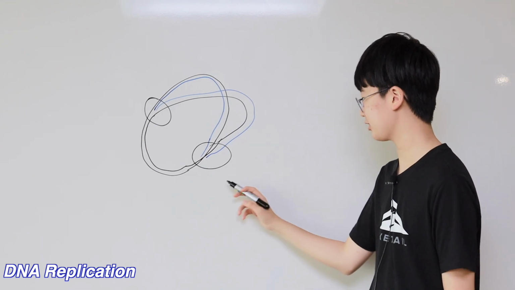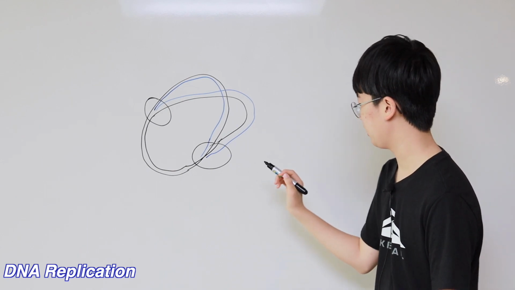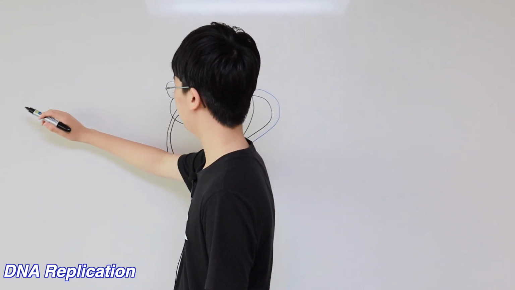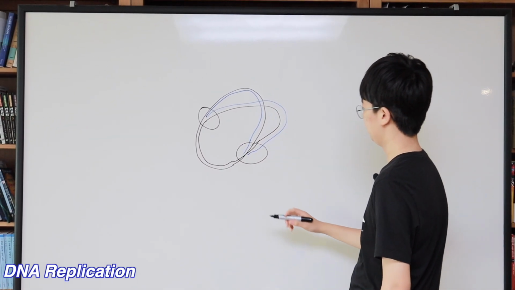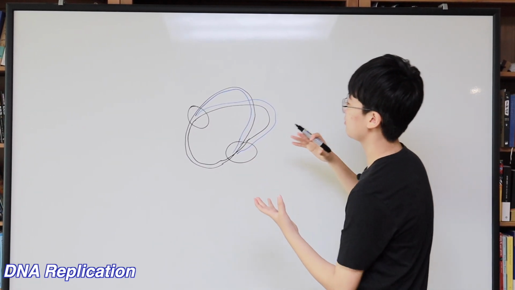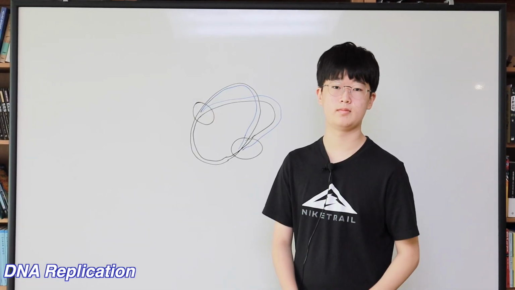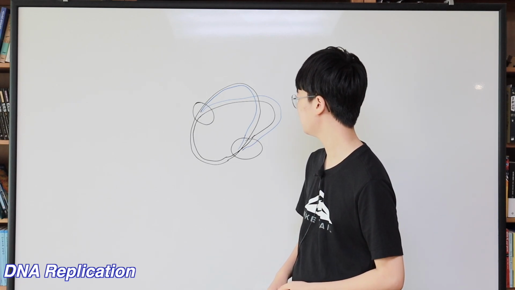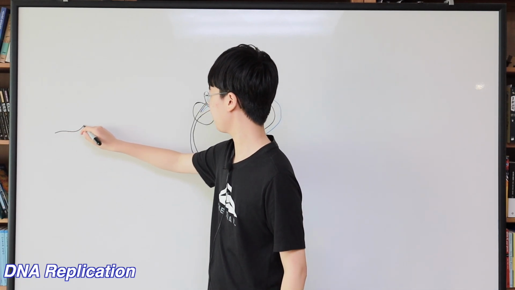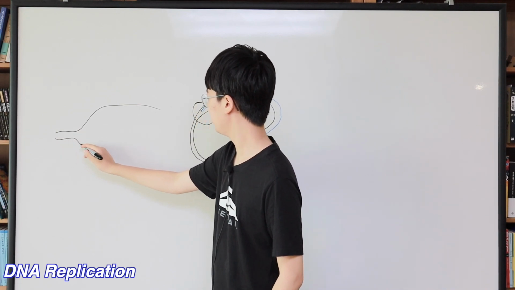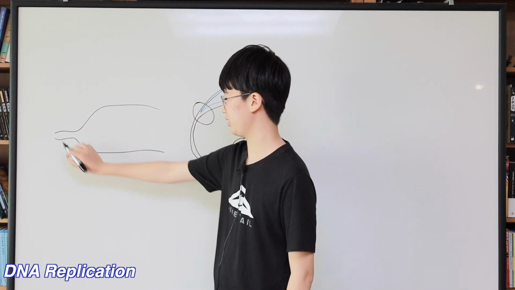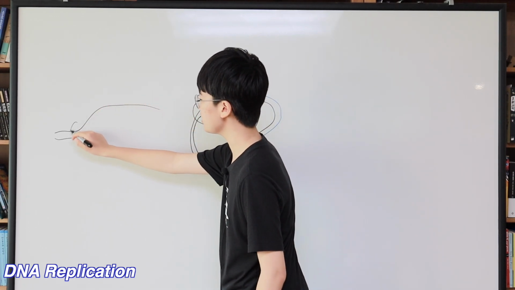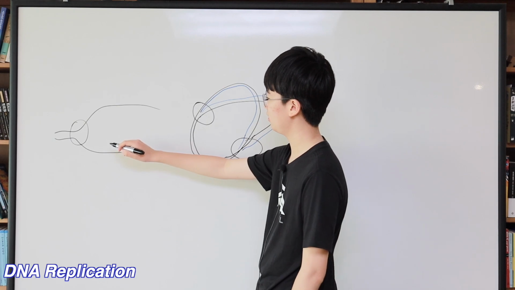In these replication forks, if I draw something over here, I drew it in the center. Why did I do that? I'm going to draw a replication fork over here. So this is DNA, and this is split up over here. So this is the replication fork.